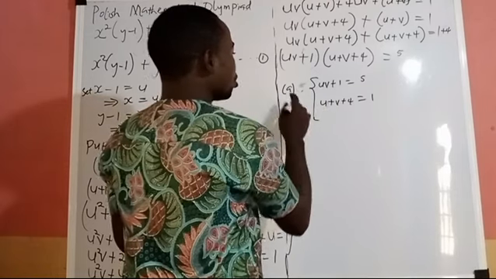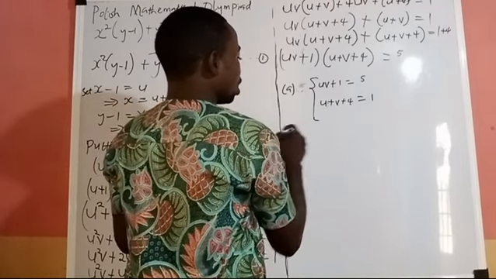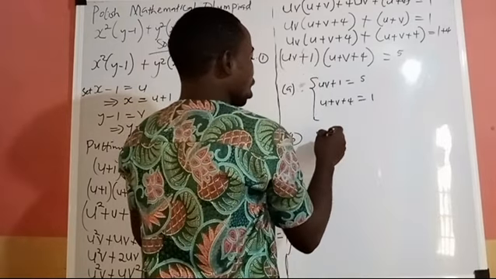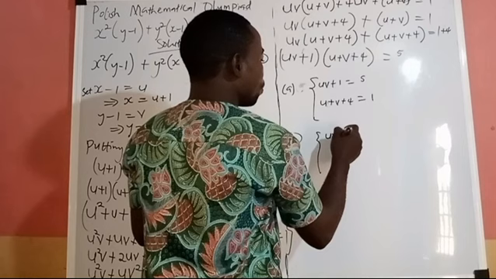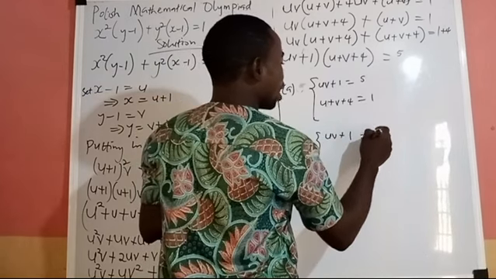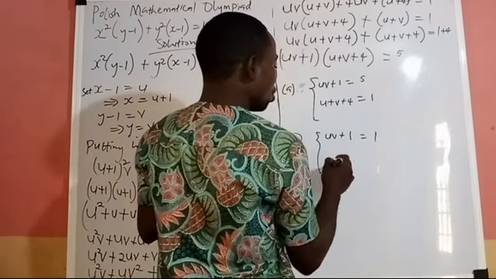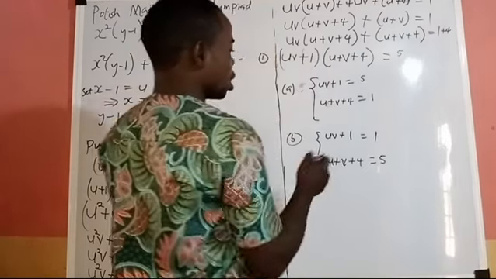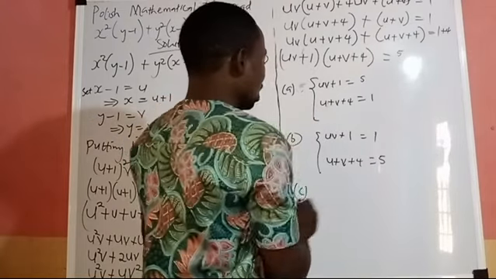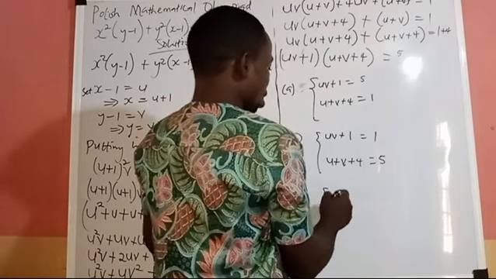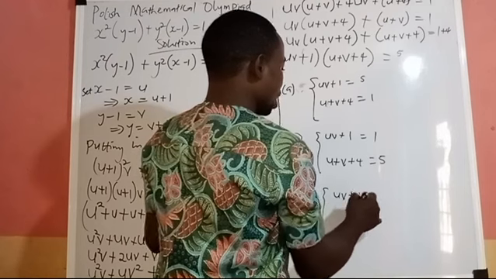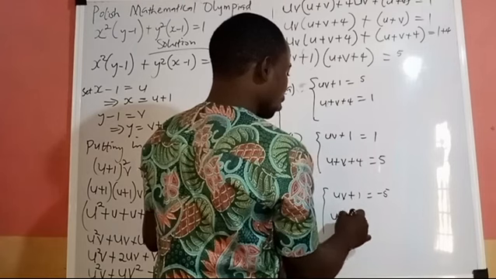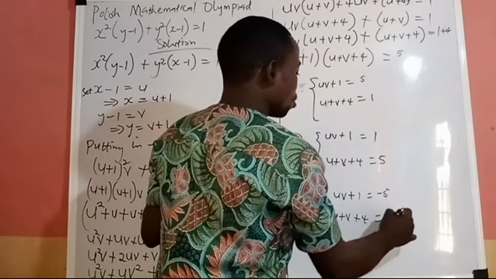And then case 2, let me just name it B. The second thing that will happen is that uv plus 1 can either be 1, and then u plus v plus 4 will be equal to 5. This is the second case. And then case C that will happen is either uv plus 1 will be equal to minus 5, and then u plus v plus 4 will be equal to minus 1.